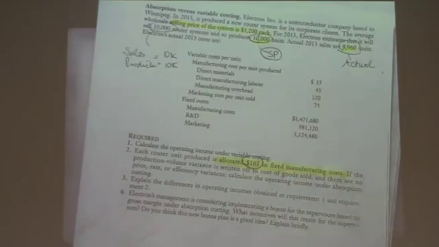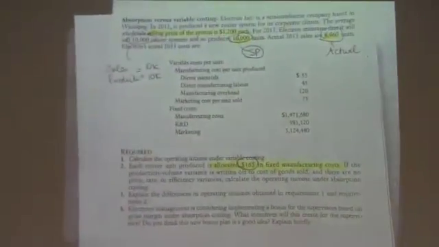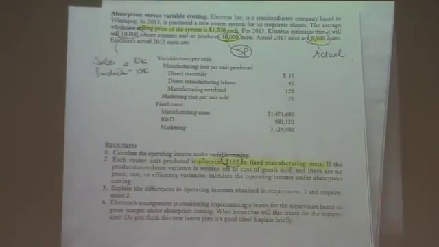If the production volume variance is written off to the cost of goods sold, and there are no price, rate, or efficiency variances, calculate the operating income under absorption costing. And part 3 asks us to explain the difference between 1 and 2.